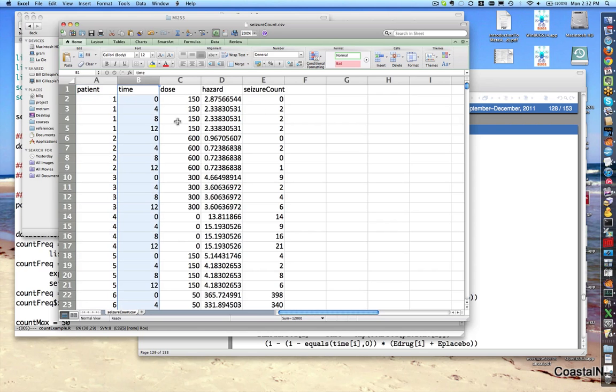The time, in this case, is the time for the end of the interval over which the counts were measured, and in each case, the observation period was 4 weeks. We have the dose. Well, you can ignore the hazard. That was actually just thrown in there when I was doing the simulations. And seizure count. So pretend hazard isn't there. It's really just the 4 columns of interest: patient, time, dose, and seizure count.